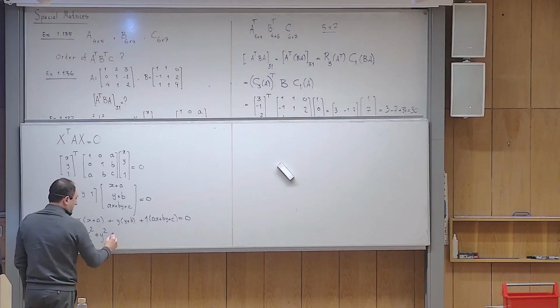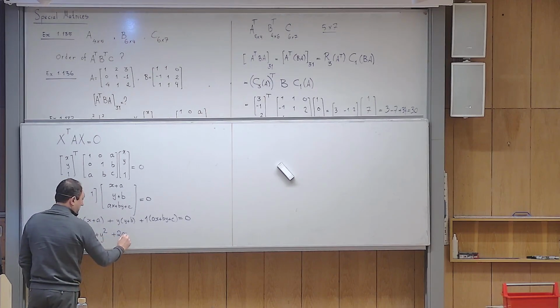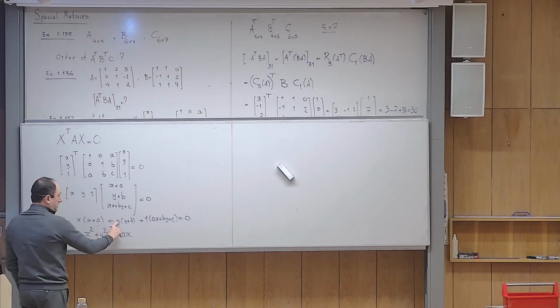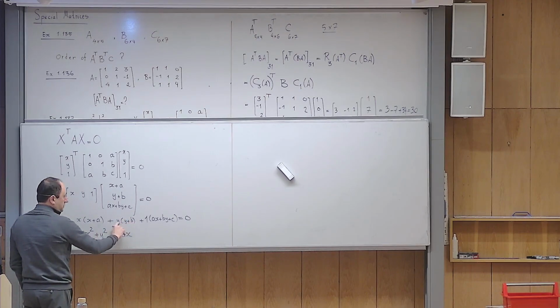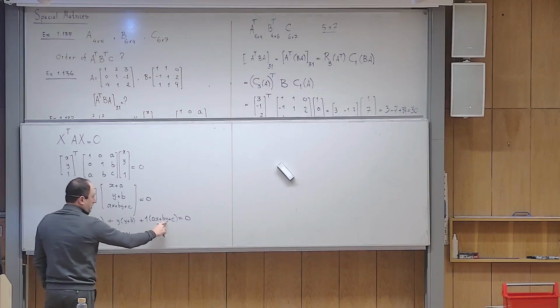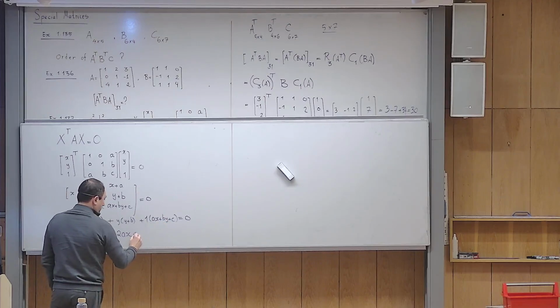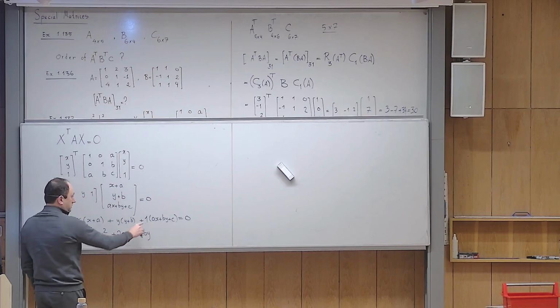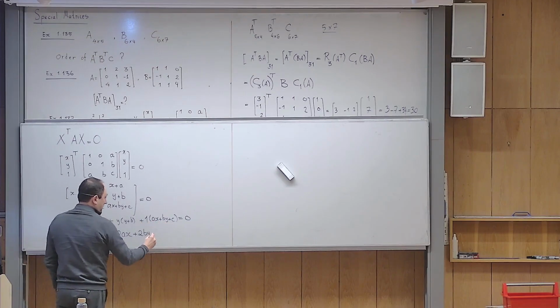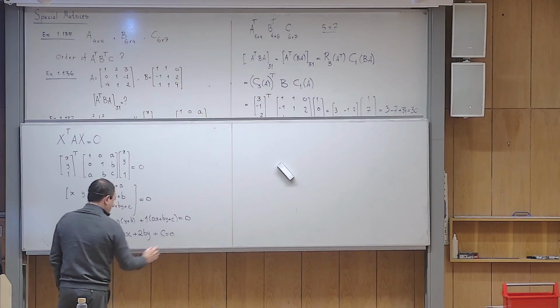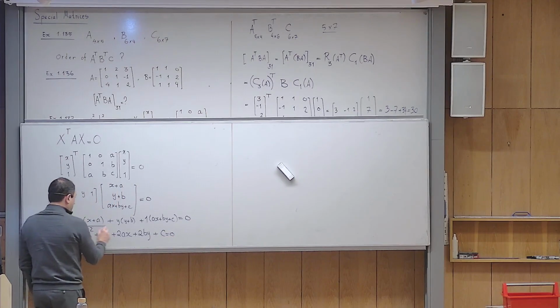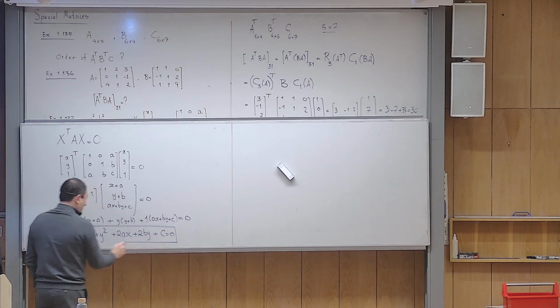When we add them, it becomes 2ax. And then here I have y times b, which is by. Another by is coming from here, so this becomes 2by. And then finally, what is left? 1 times c is left, which is c. So this is the simplified version of that matrix equation.